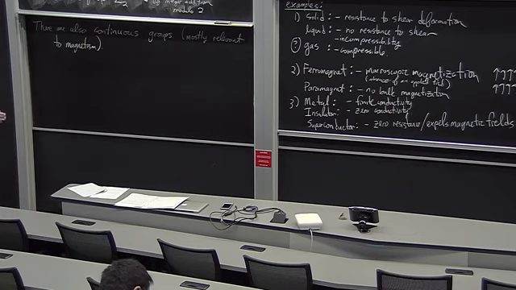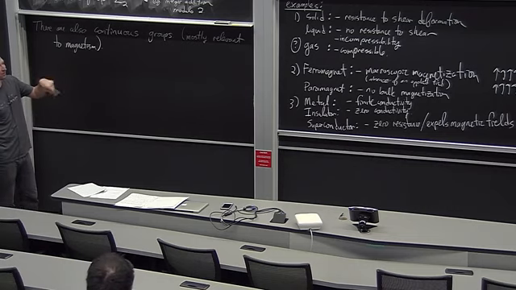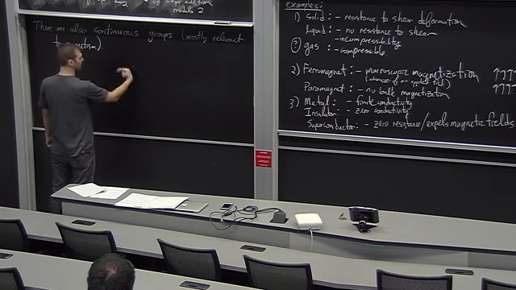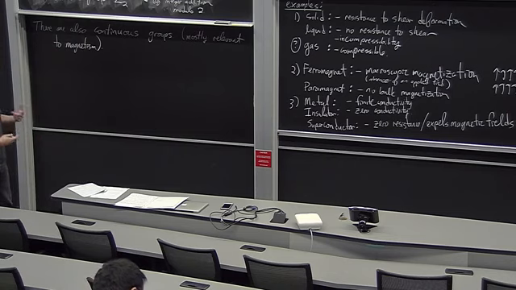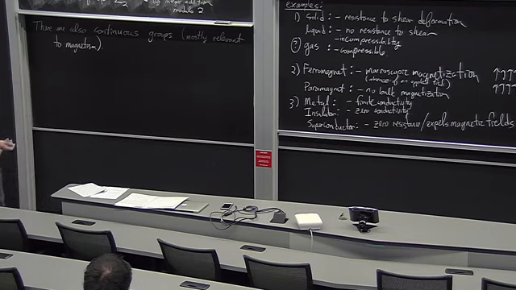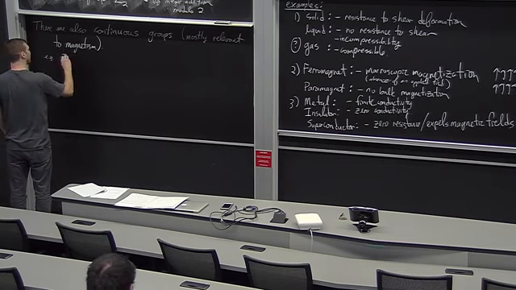So the most important continuous group is rotations in a two-dimensional plane. So if I had an arrow in the plane of the chalkboard and I could rotate it continuously by any angle, so if that was a fundamental symmetry, then that system would be invariant under O2.